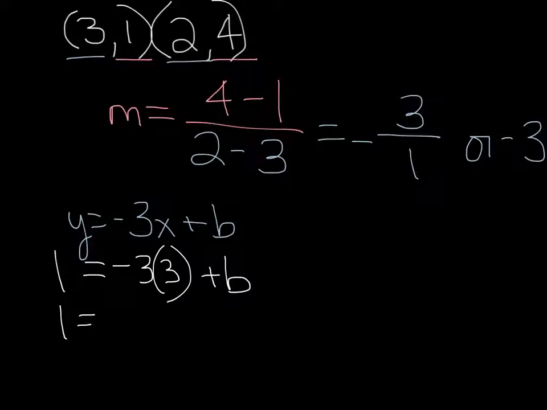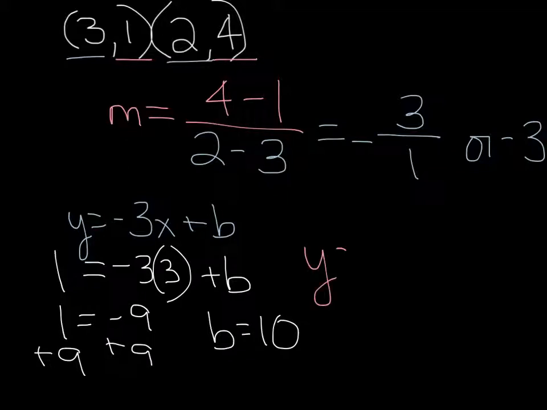So 1 equals -9 plus b. I add 9. So my b equals 10. So now I can use that to write out my entire equation. So my equation will be y equals -3x plus 10.